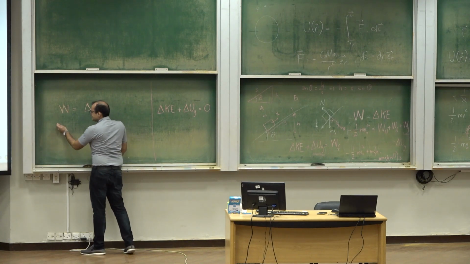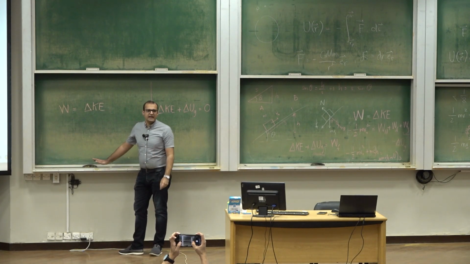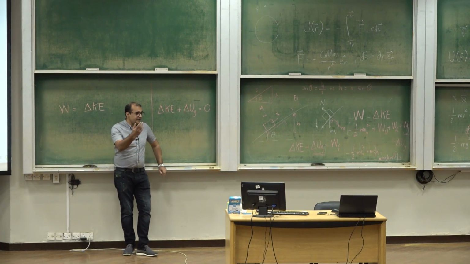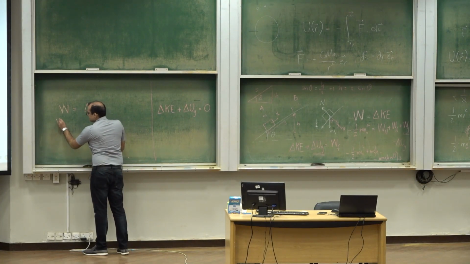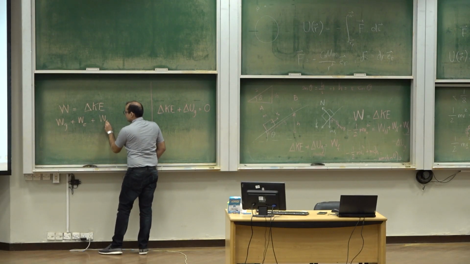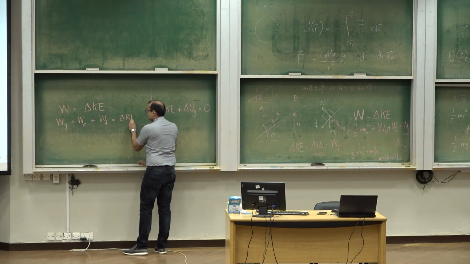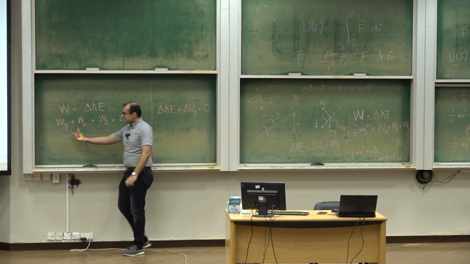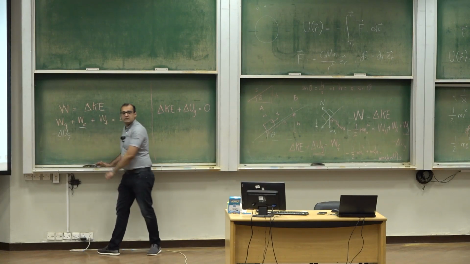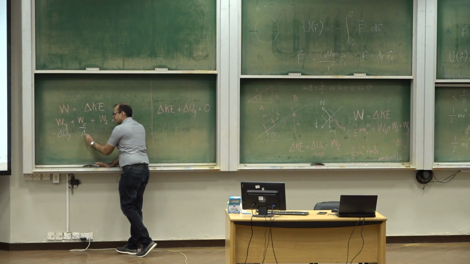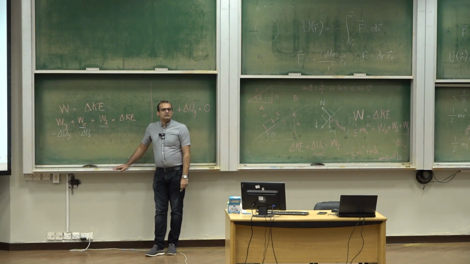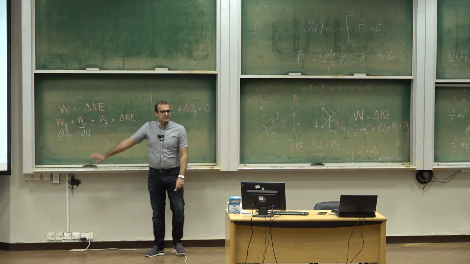If the total work done is the change in kinetic energy, and I have, for example, the gravitational force, the elastic force, and friction, I can then write this as Wg plus the elastic force plus friction. This I can write as minus delta Ug. This I can write as minus the change in the elastic potential energy. And for this, nothing. Let it remain as it is, okay?